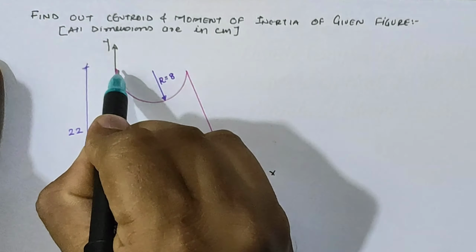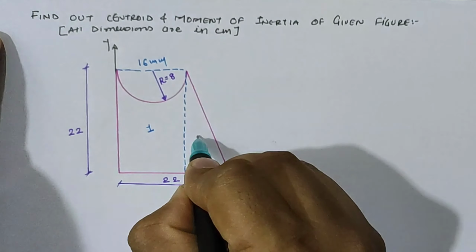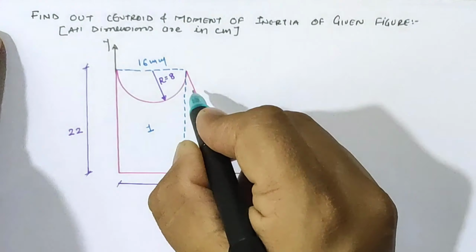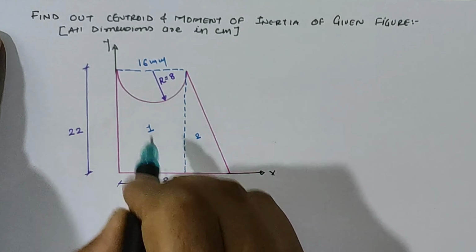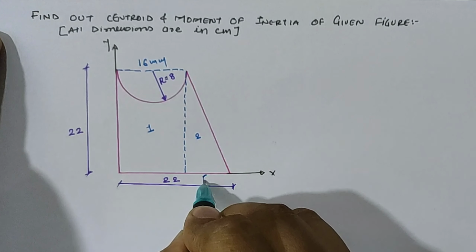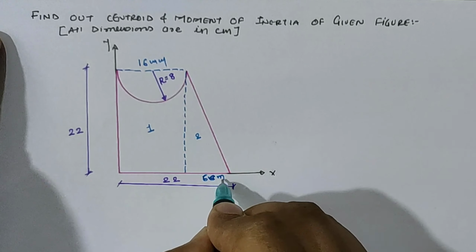So the first part is a rectangular part. The second part is a right angle triangle having height 22 and width 22 minus 16, which is 6 centimeter. The third part is removed from the first and second so that our given figure is not disturbed.